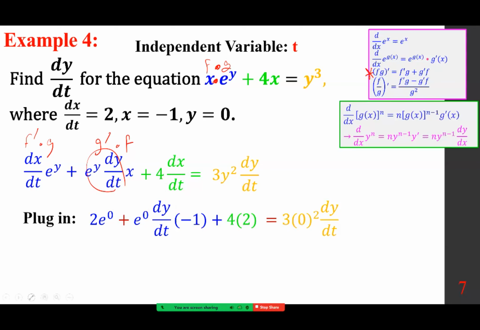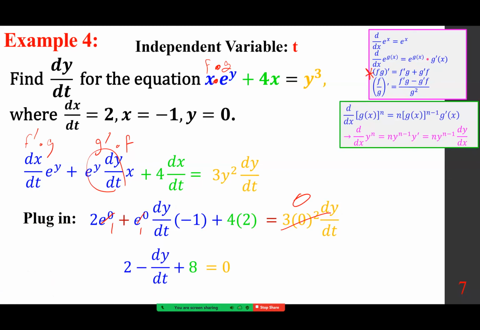And so we have, this is 0. This is 1. This is 1. So we have 2 minus dy dt plus 8 equals 0.